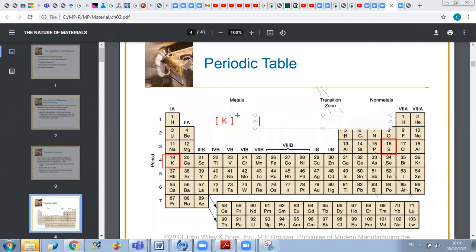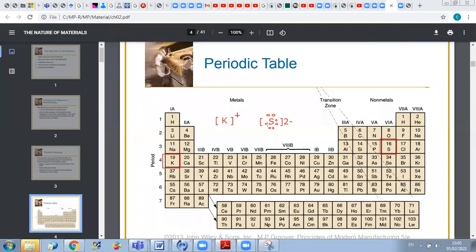If I want to present the ion S, I present it in this way: S, and I put 2 minus. But in addition to this, I put the 8 electrons, showing that it has gained 2 electrons to complete its outer set of 8. Now, since I have 2 negative charges for S, how many atoms of K do I need?